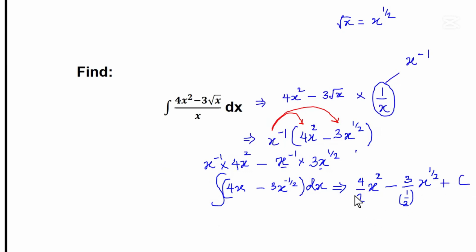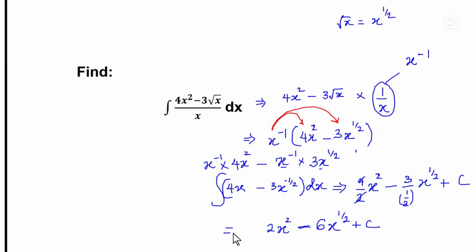Now we can start by canceling. In this case, 2 goes into 4, and that's going to be 2x squared. Minus, now we have 3 divided by a half. If you divide 3 by a half, we get 6x to the power of 1/2, then plus c.